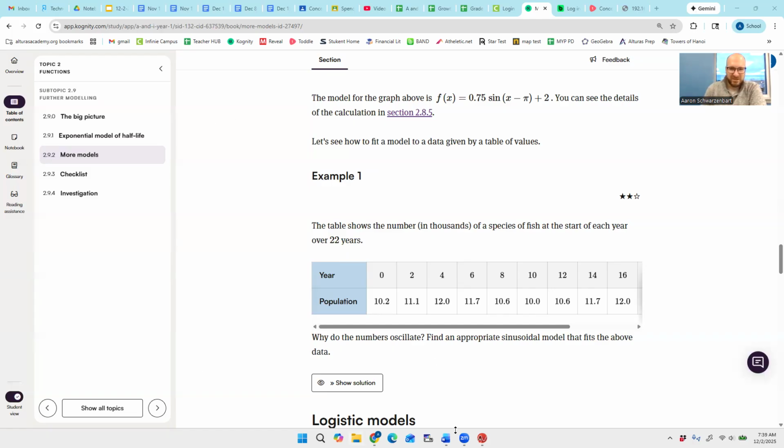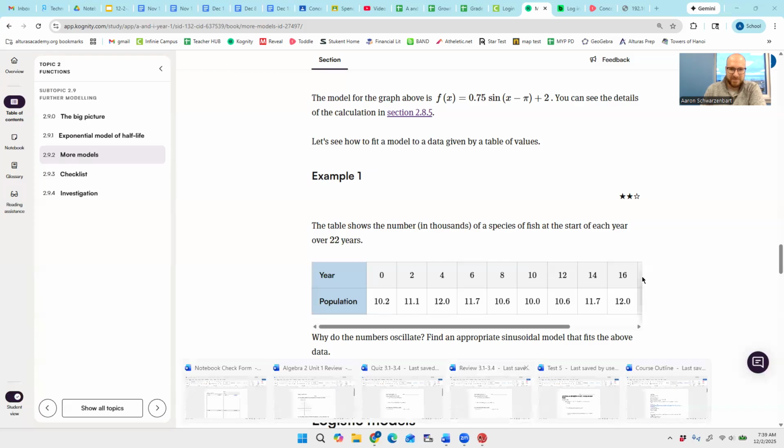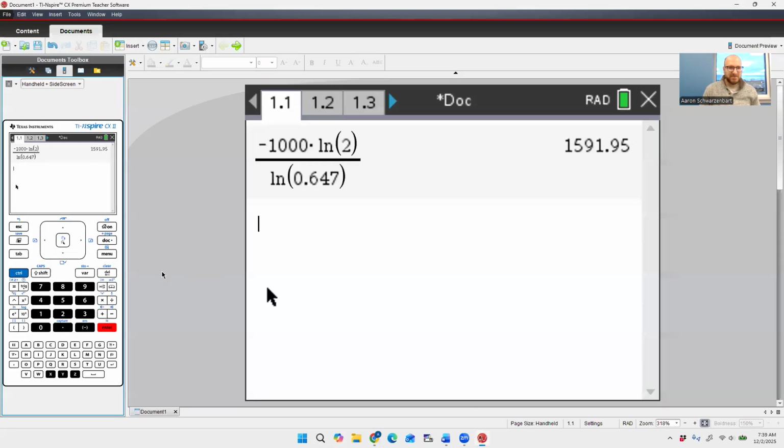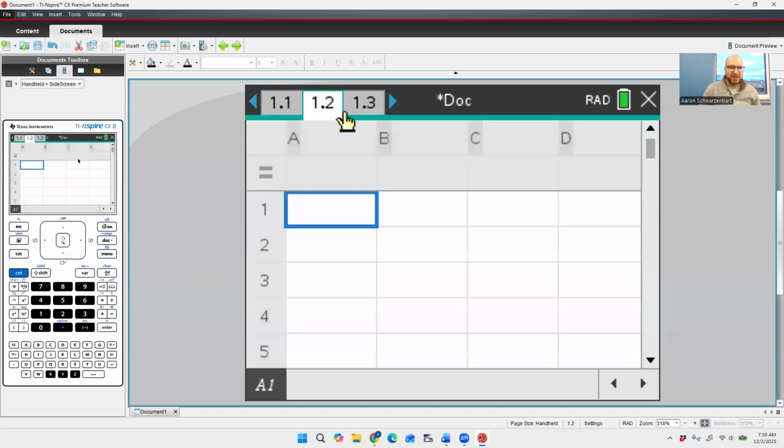So to do this model on the calculator, I'm going to go to my calculator. I have a list and spreadsheet open.